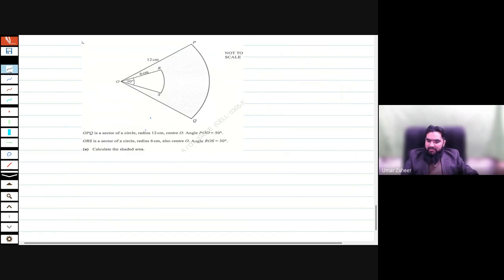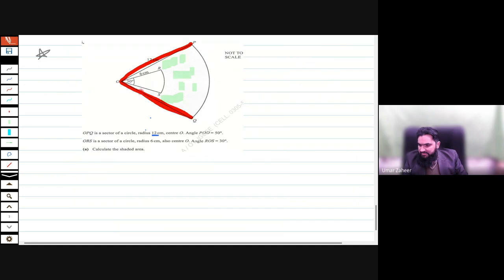All right. Now we have the next question, in which this is the shaded part. OPQ is a sector of a circle, radius 12 centimeter, and center O. The angle POQ is given, that is 50 degree, meaning this complete angle is 50 degree.